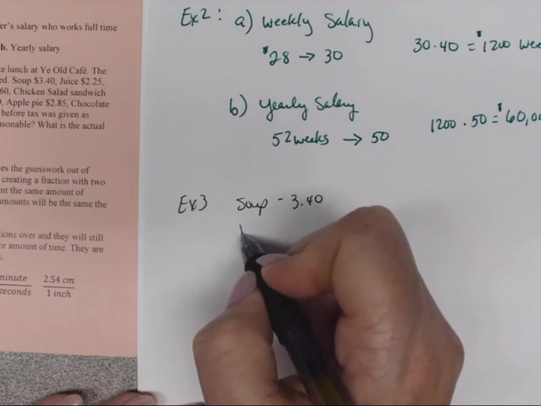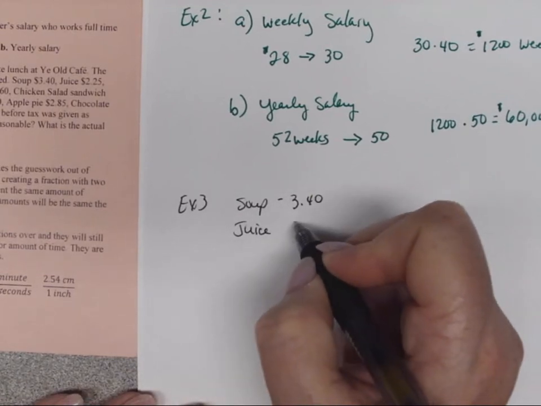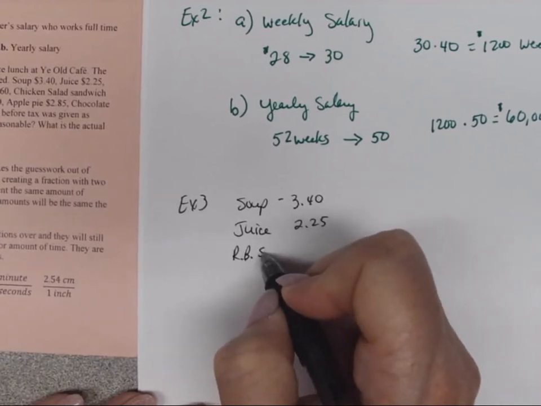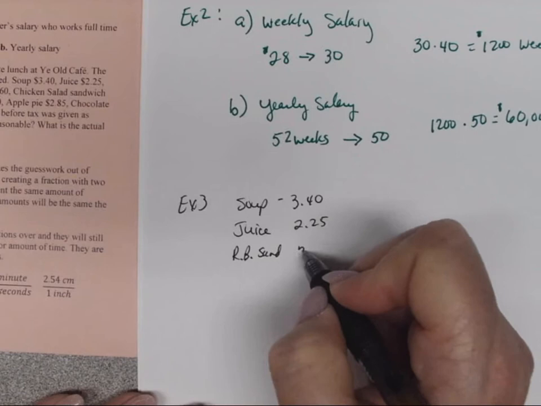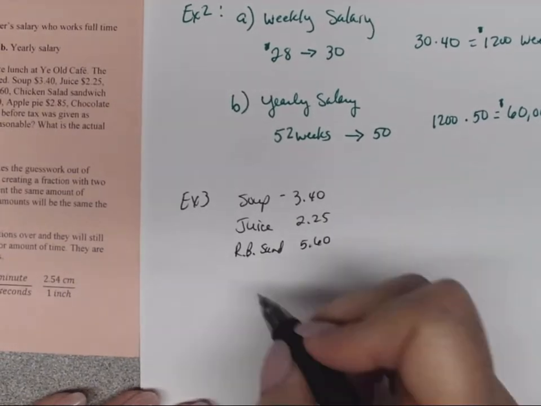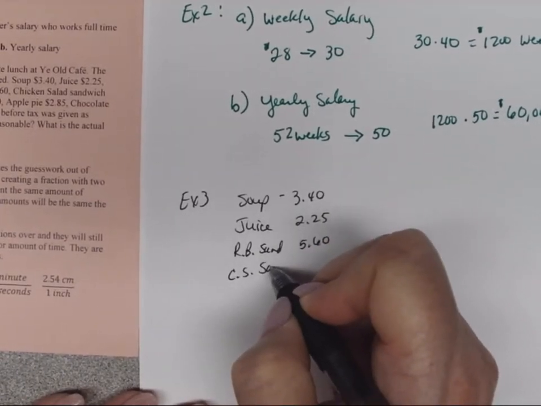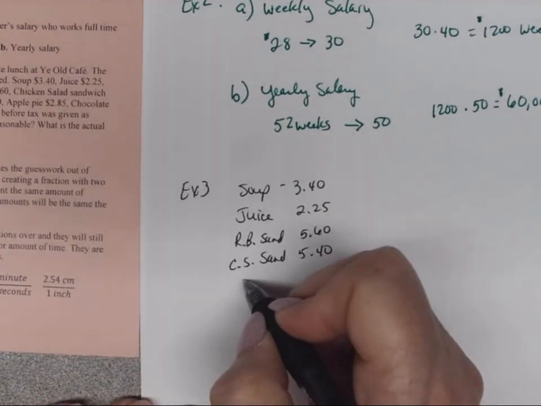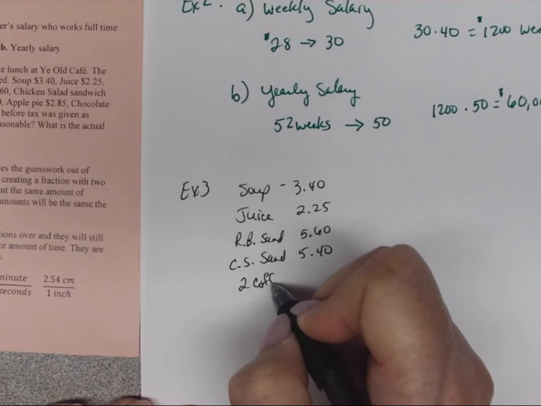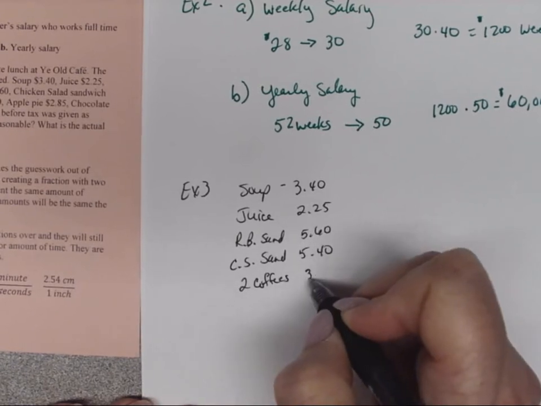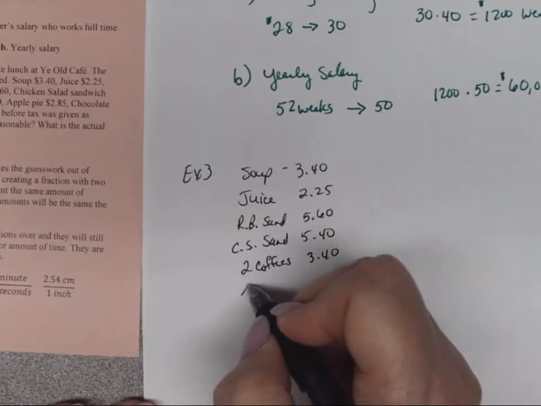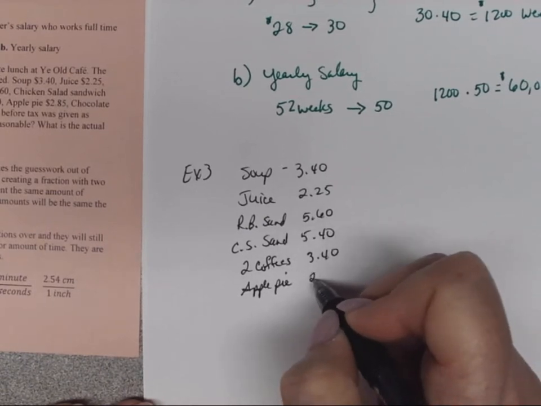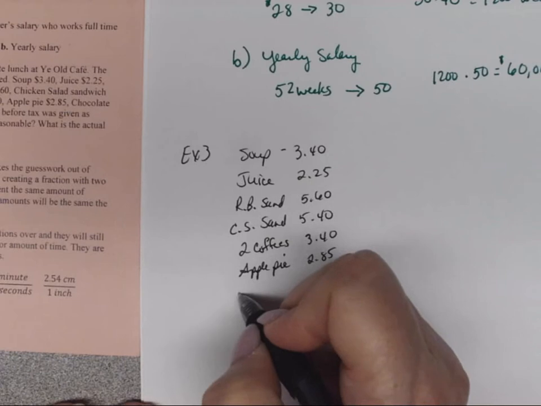And we had juice at $2.25 and a roast beef sandwich that was $5.60 and a chicken salad sandwich for $5.40. 2 coffees for a total of $3.40, an apple pie for $2.85 and chocolate cake.